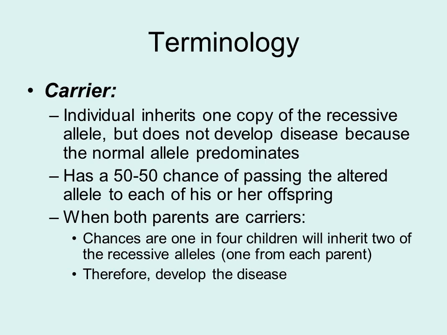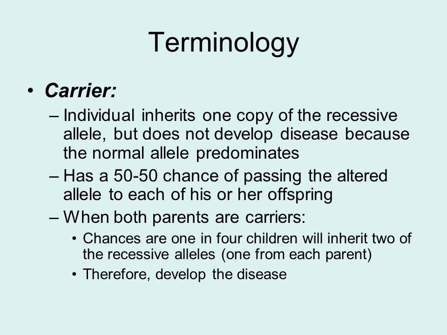They are not showing that disease or that disorder because they have a dominant gene, and that's the one that's going to be expressed, but because they have this recessive allele, they don't develop that abnormality because the normal one is dominant, and that's what you're going to see. However, we call them a carrier because they can pass that down to their offspring.